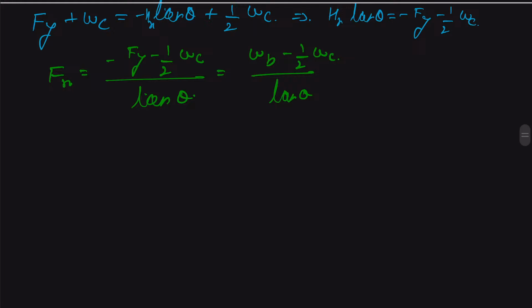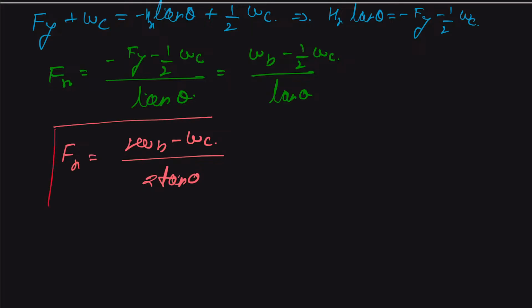Otherwise we got that F of X is equal to, we can take 2 as LCM, so this comes as 2 tangent of theta, so we get this as twice W of B minus W of C. So this is our F of X.